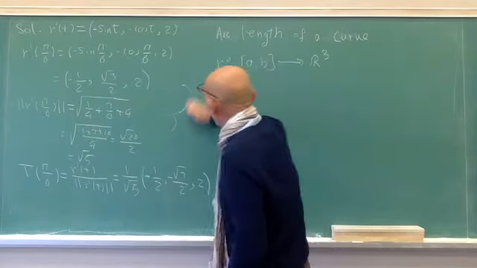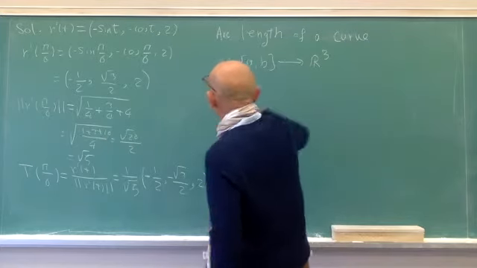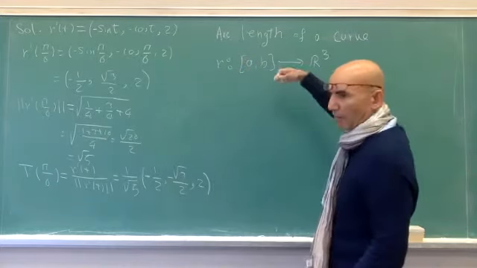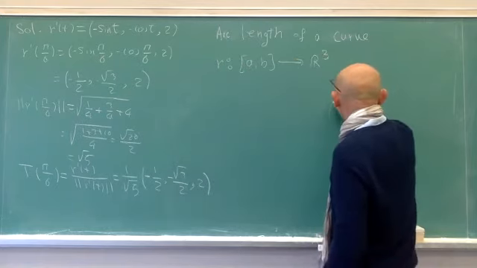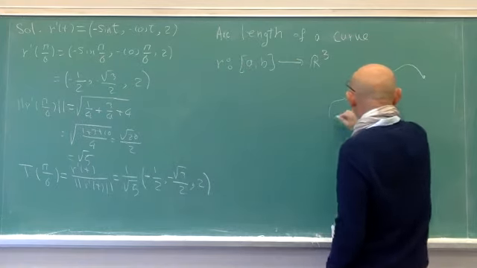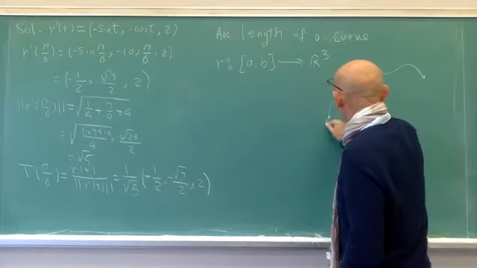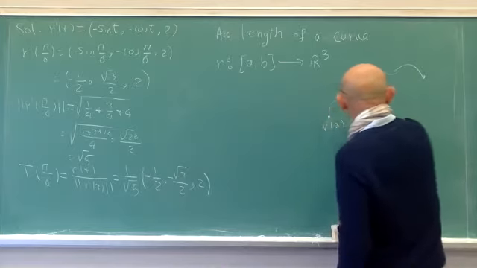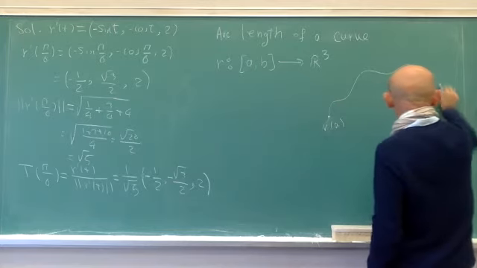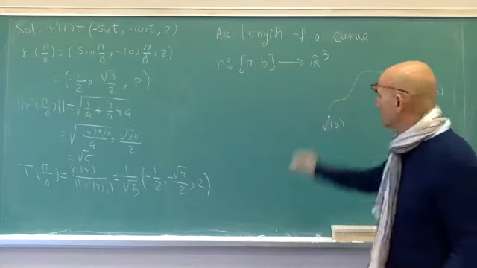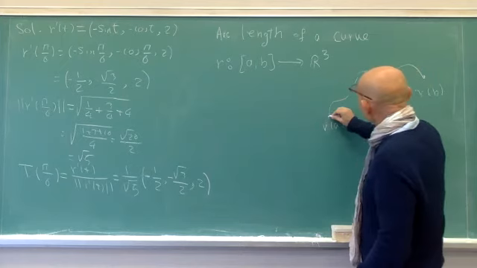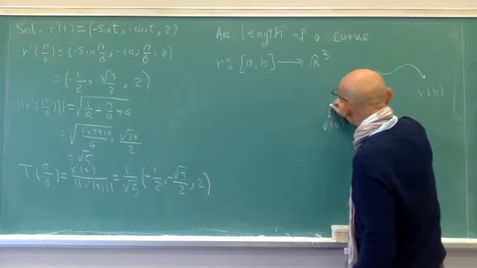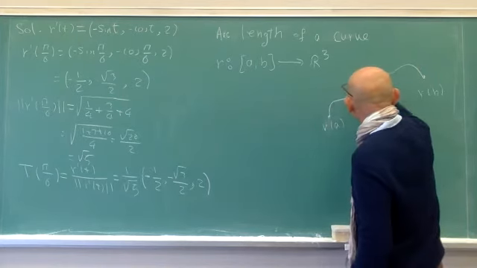The mental image we should have of this function is a curve going from the point r of a in space to r of b in space. Now we want to measure somehow this length.